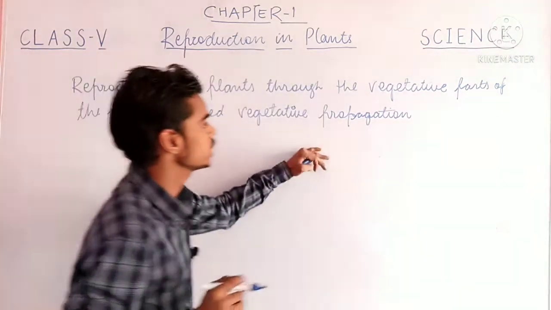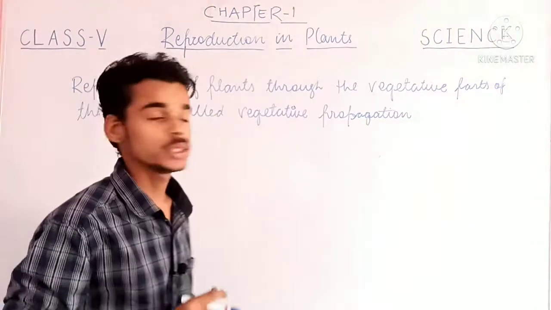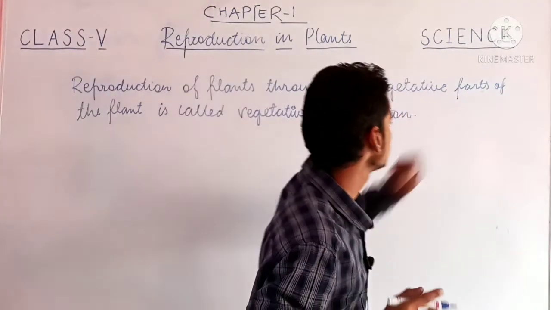In vegetative propagation, plants are reproduced through vegetative parts of the plant.